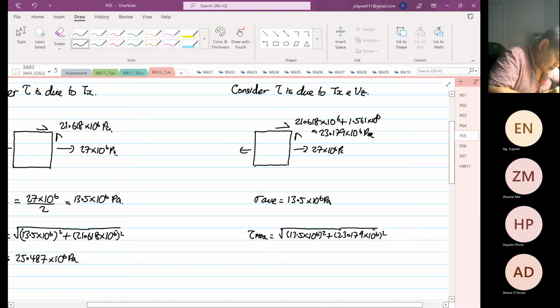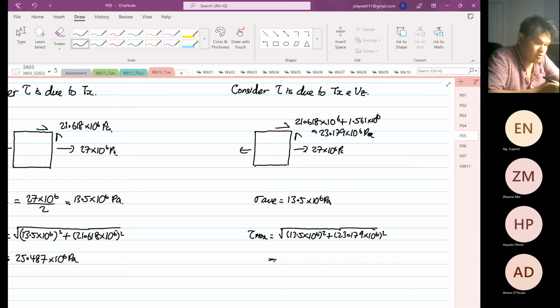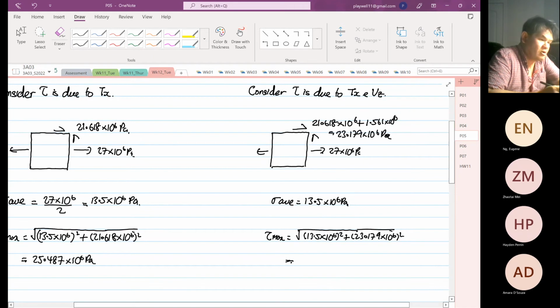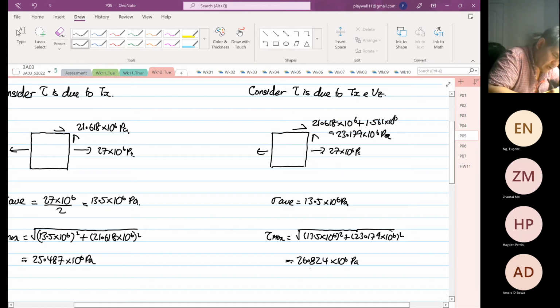So the maximum shear stress over here is the square root of the whole thing, which is 26.824 times 10 to the power 6 Pascal.